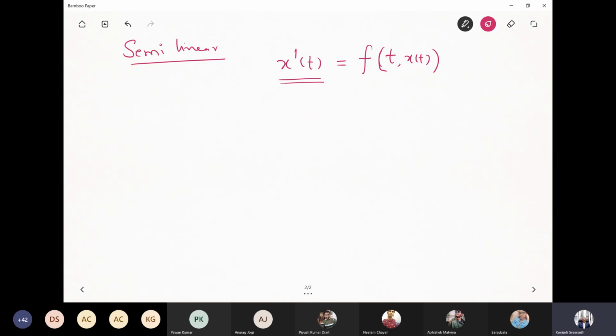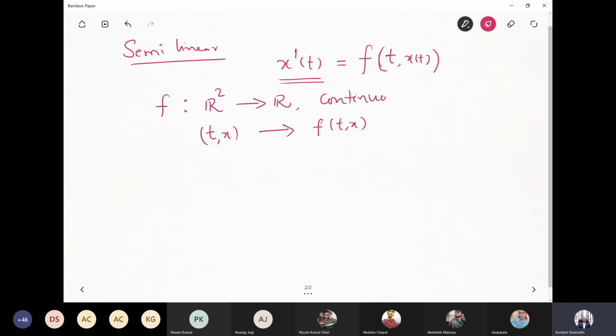And this f is any function of two variables, that is, t comma x going to f t x, a real valued function. Okay, so we assume that f is simply a continuous function, not real analytic. We assume only a continuous function.